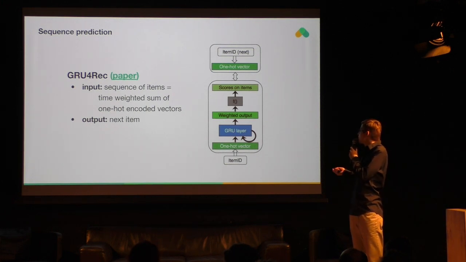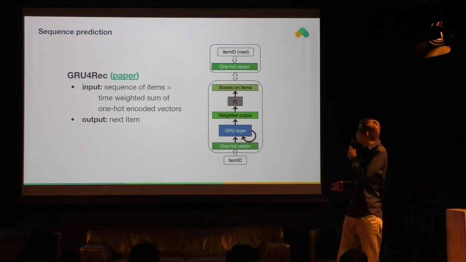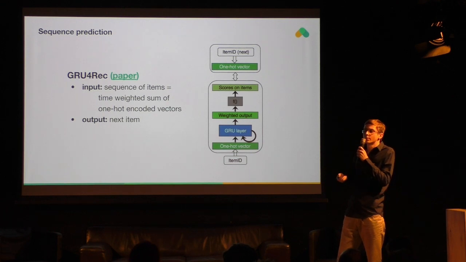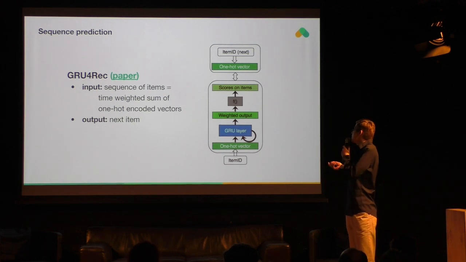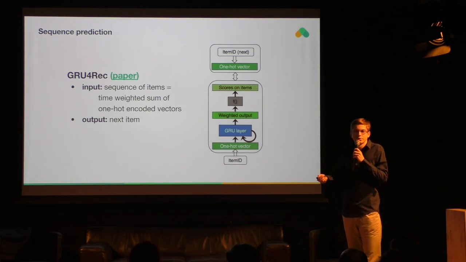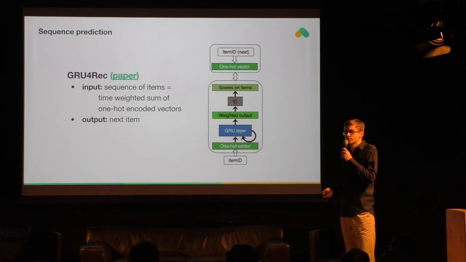You can also replace them with LSTMs, it doesn't matter, it's just a recurrent neural network that gets a sequence of items on the input and outputs, let's say, one item, or basically a probability distribution over all the items, and you select the item with the highest probability as the item that the user will like the most in this sequence. And you will recommend that to him.